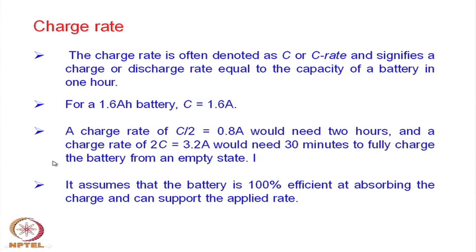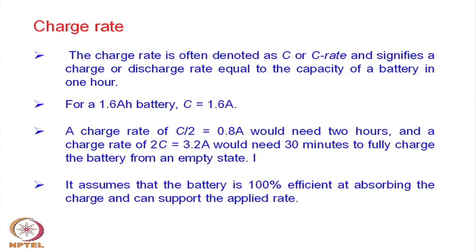So, it is basically the rate at which the current is being drawn from the battery, or the charge is introduced to recharge the battery. That is what is known as C rate. It assumes that the battery is 100% efficient at absorbing the charge and can support the applied rate.